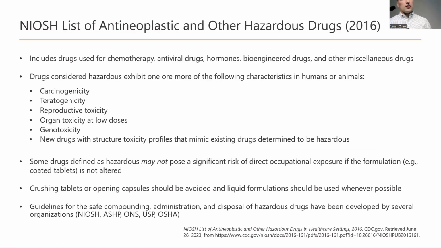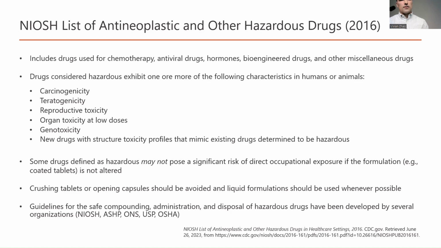As far as the NIOSH list of hazardous drugs, it includes drugs used for cancer chemotherapy, antiviral drugs, hormones, bioengineered drugs, which are targeting specific sites, and then we have other miscellaneous drugs. So if any newly approved medication has safe handling recommendations in the package insert, it would automatically make it on the NIOSH list.